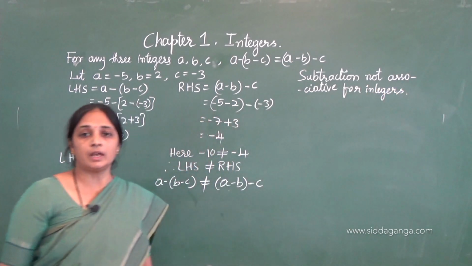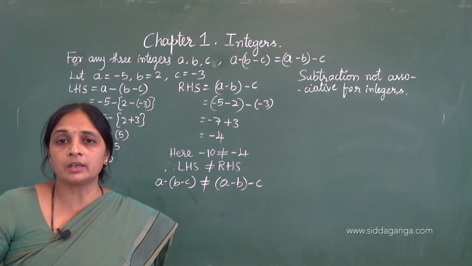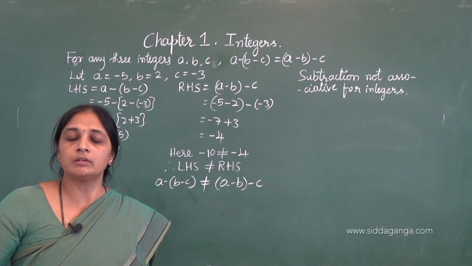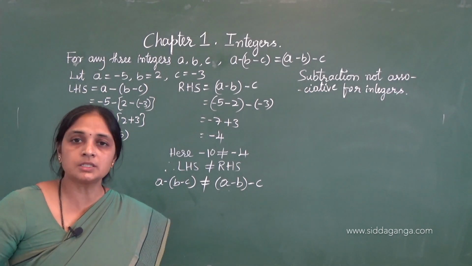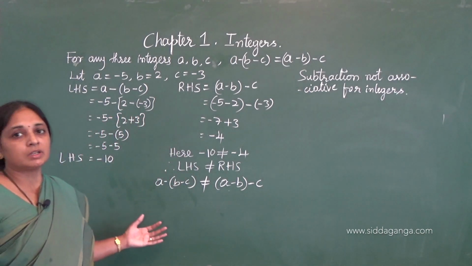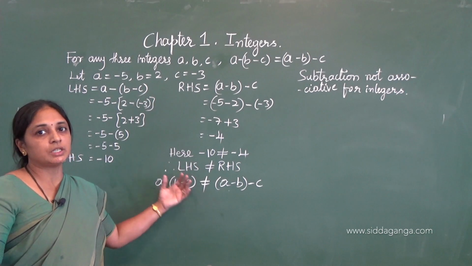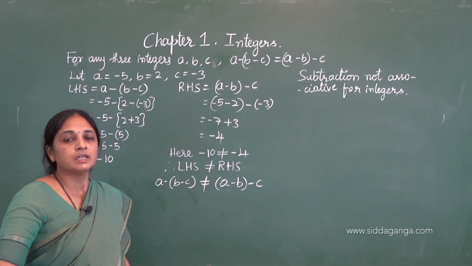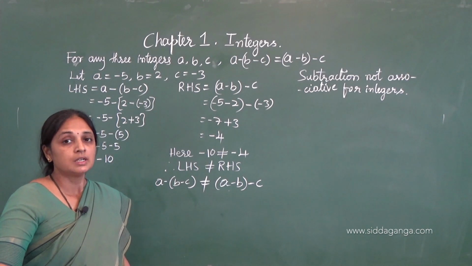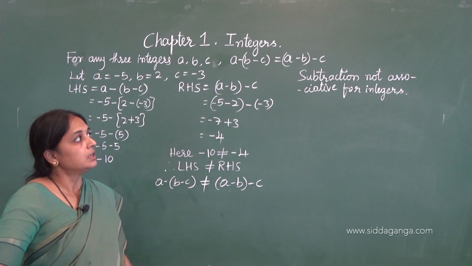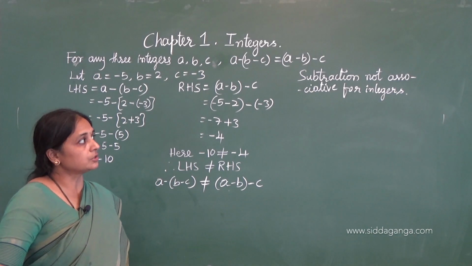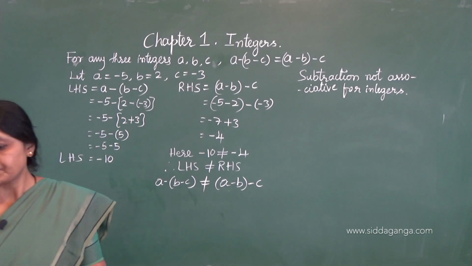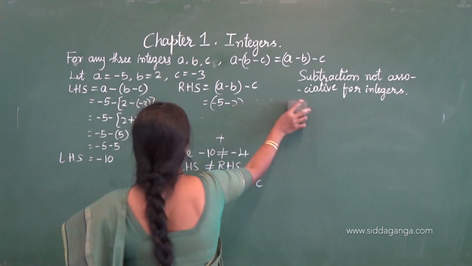Okay, when they ask to check, we can take any integers, and we have to go through the given condition, then compare LHS and RHS. If they are equal, then we can say that it satisfies, otherwise it does not satisfy, or is not associative for integers.